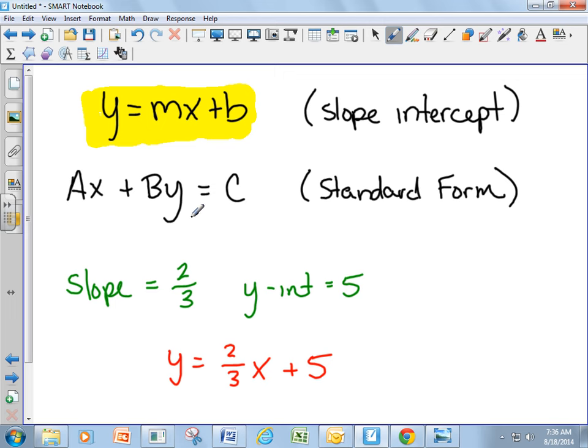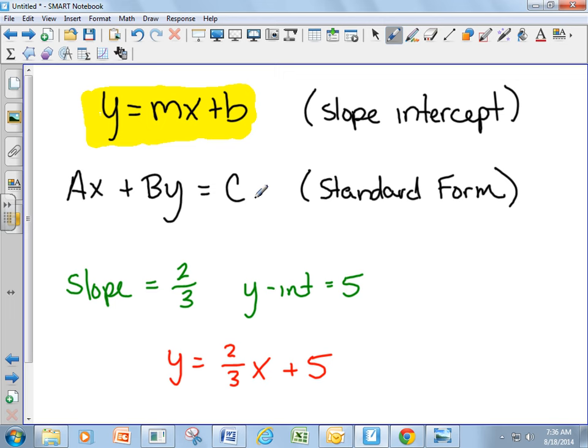You don't see any m's or lowercase b's, if you will, but we see this capital A, B, and C with our x's and y's. What's important for you to come to grips with is it was great in slope-intercept form. The m tells you something about the graph. It's the slope. The b tells you something about the graph. It's the y-intercept. A, B, and C don't give you any special qualities about the graph.